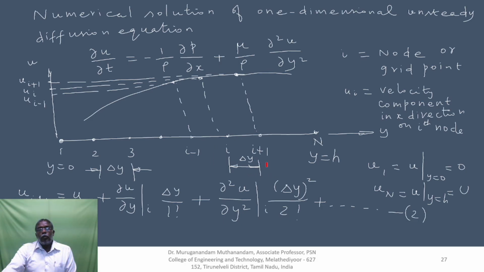When y is equal to y plus delta y, it corresponds to I plus 1. So for each and every value of y, the physical location of the fluid particle in between the bottom plate and top plate, we can have a correspondence with the index I from 1 to n.